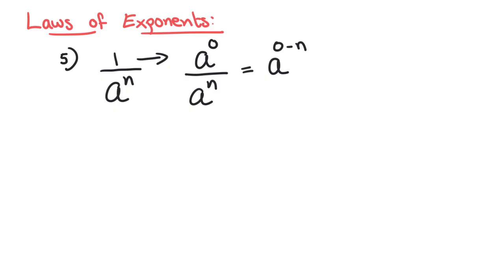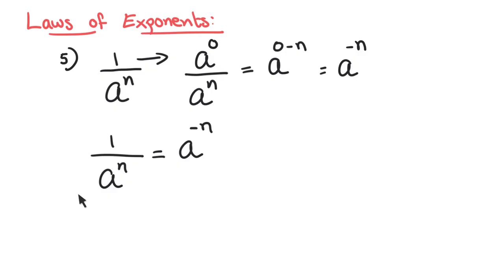Of course. And that is a to the power negative n. So can we now then say 1 over a to the power n is nothing but a to the power negative n. Clear? Now, remember I told you we will deal with the negative exponents.